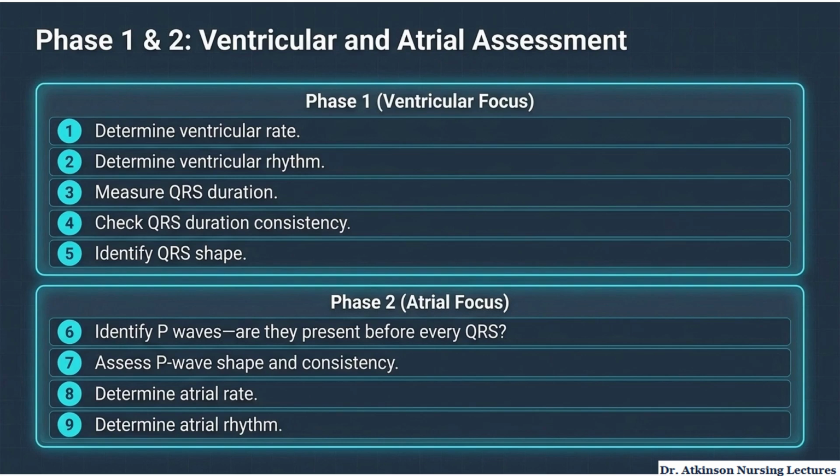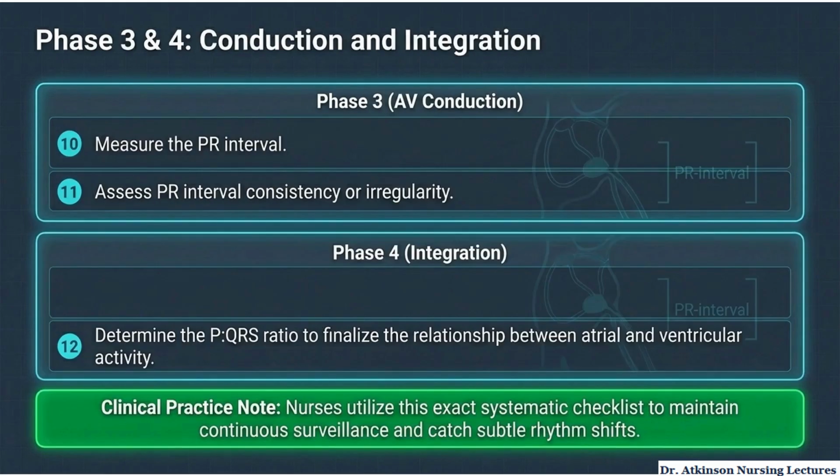Phase 2 covers atrial focus, P waves before every QRS, their shape and consistency, atrial rate, and atrial rhythm. Phase 3 measures the PR interval and its consistency. Phase 4 determines the P to QRS ratio, finalizing the relationship between atrial and ventricular activity. The exact checklist you'll use at the bedside.